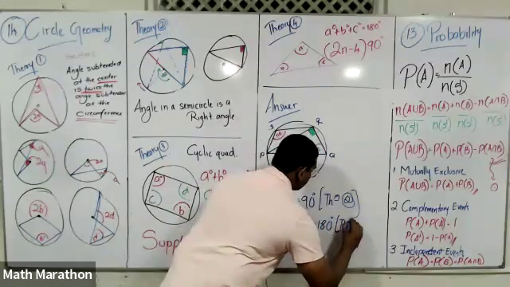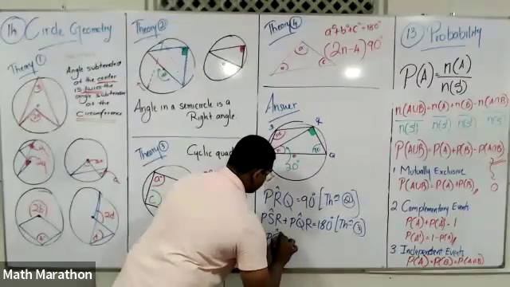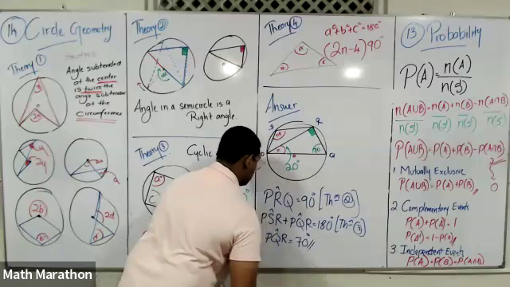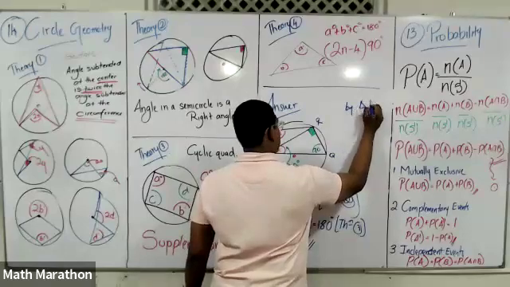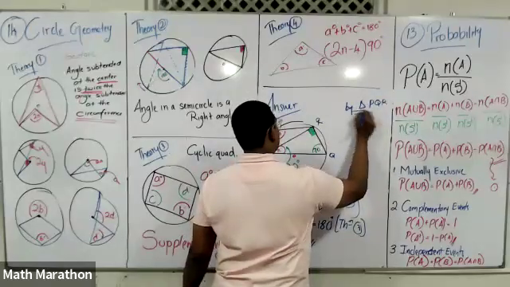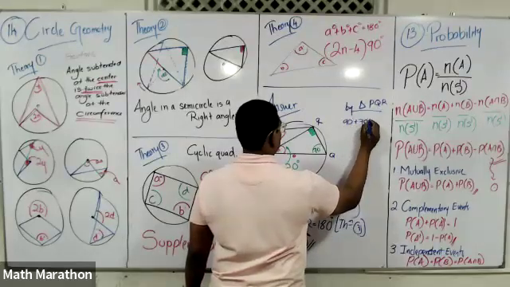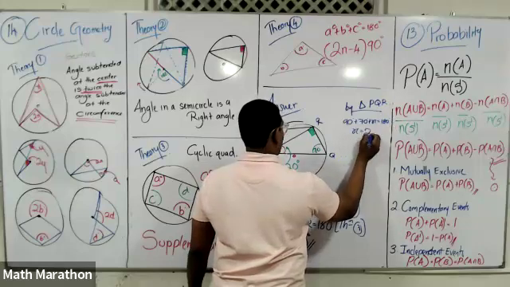By theorem 3. Therefore, PQR equals 70 degrees. By triangle PQR, 90 plus 70 plus X equals 180. X equals 20 degrees.